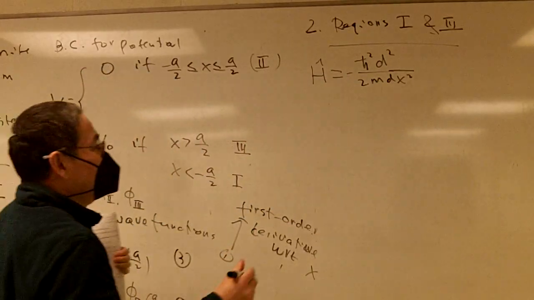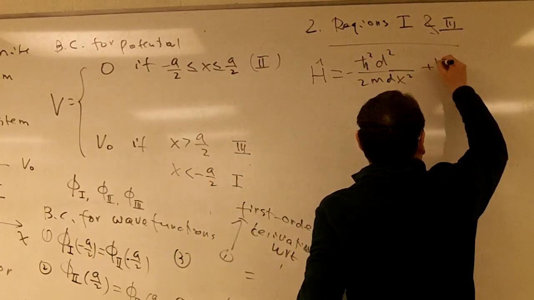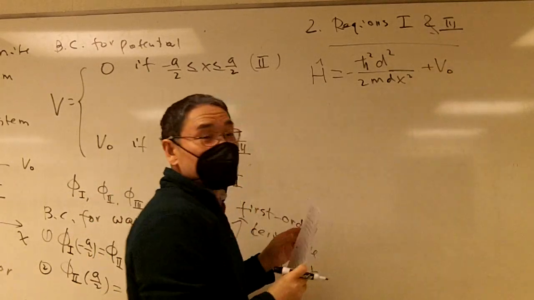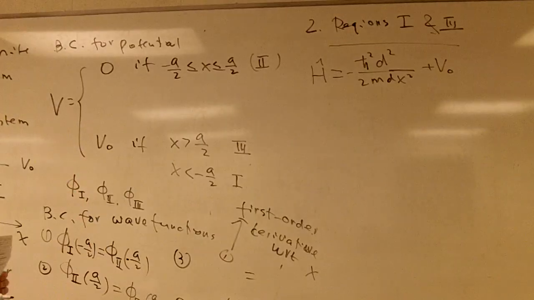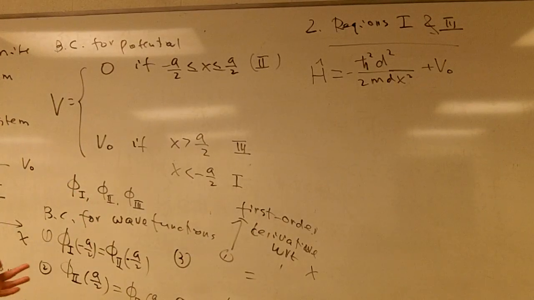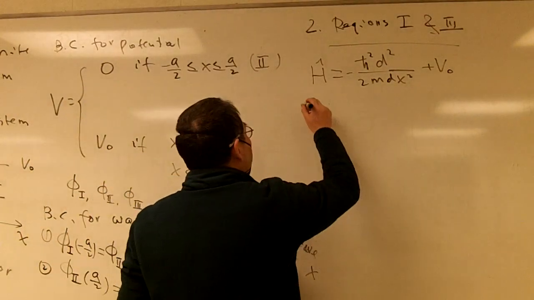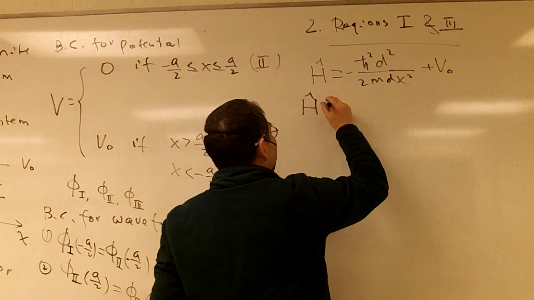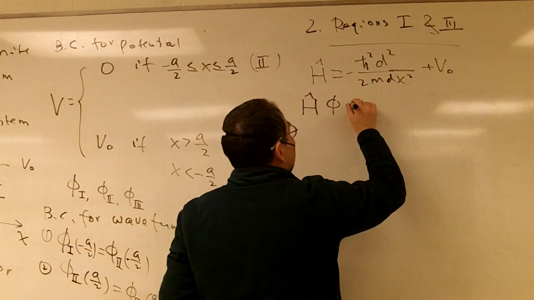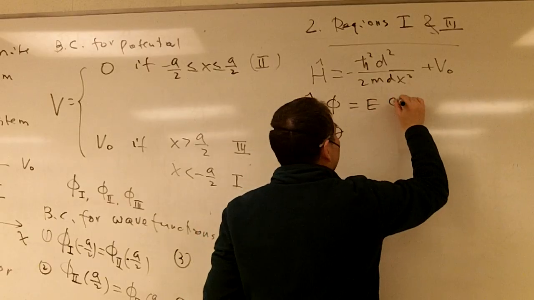And the second term is a potential V0. Once we have a Hamiltonian, we have a time-independent Schrödinger equation, which means we're looking for H phi equals E phi, like this.